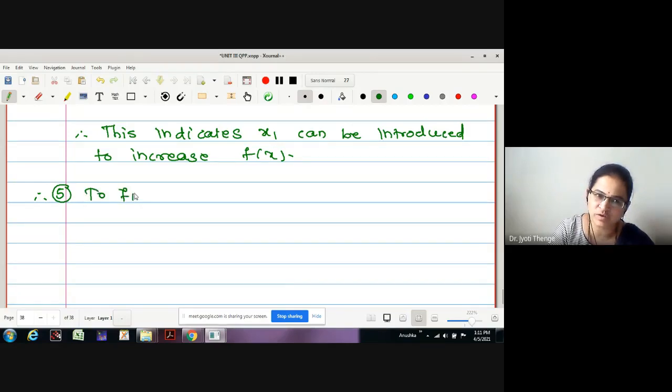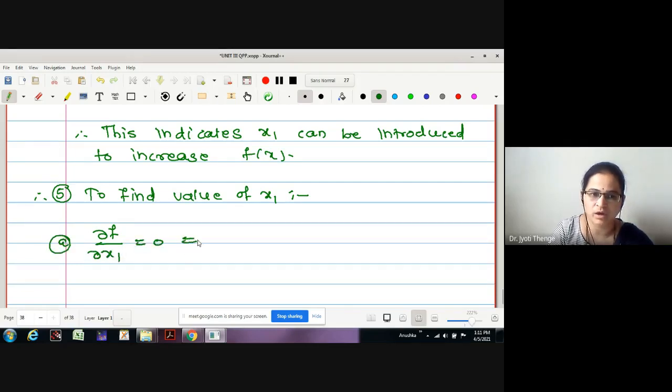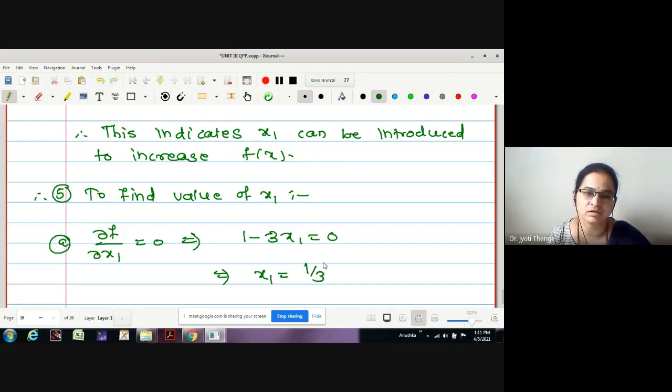Find the value of x1. Which are the two criteria we were using? Dou f by dou x1 equal to 0. Okay. What is dou f by dou x1? 1 minus 3x1 equal to 0. Therefore, here we were getting x1 as 1 by 3.